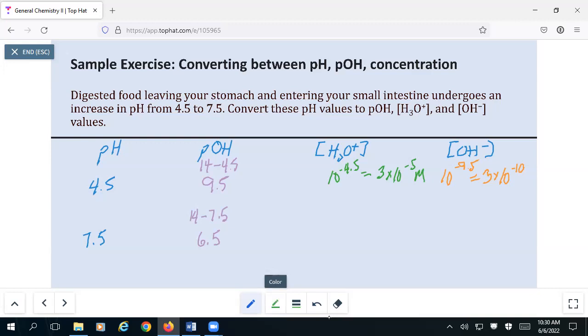Turn the pH into hydronium concentration by taking the opposite antilog here, 10 to the negative 7.5, is 3 times 10 to the negative 8th.